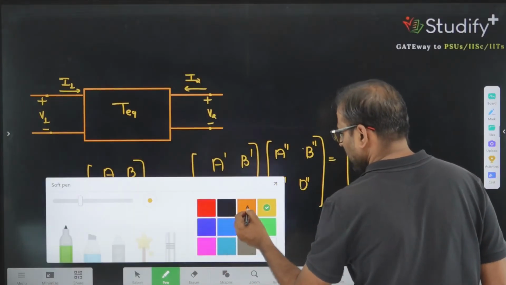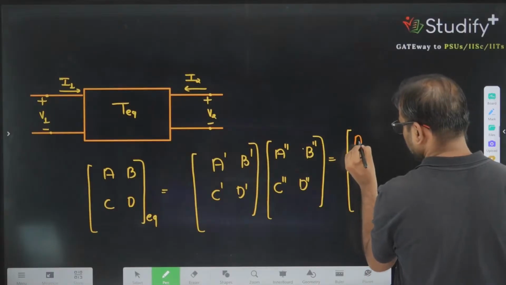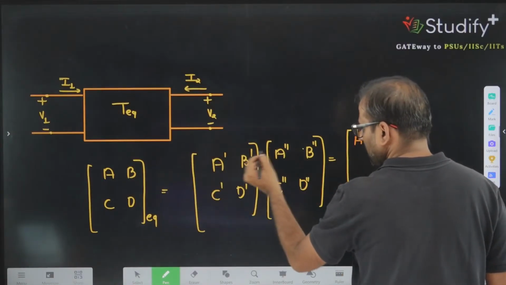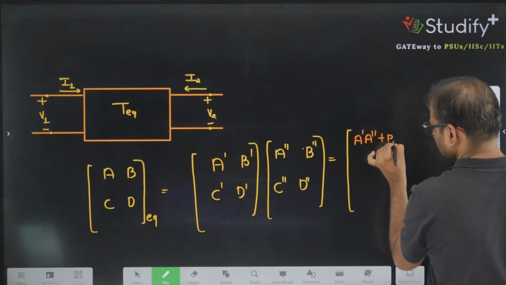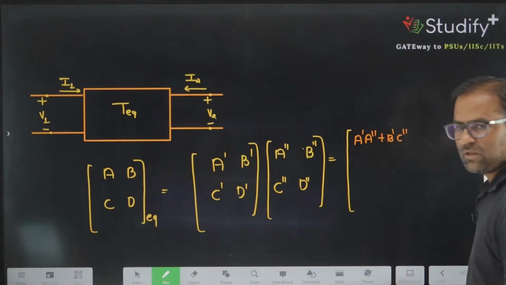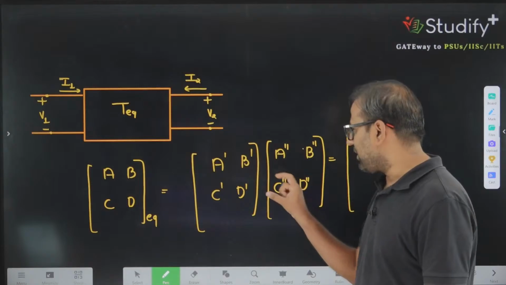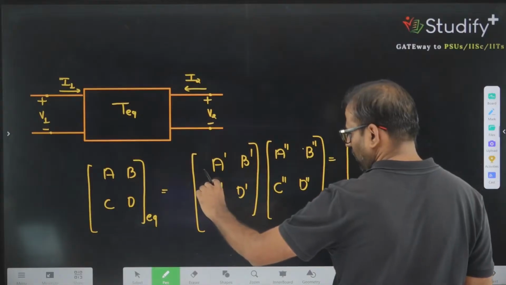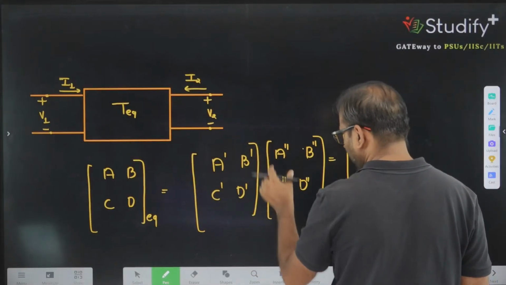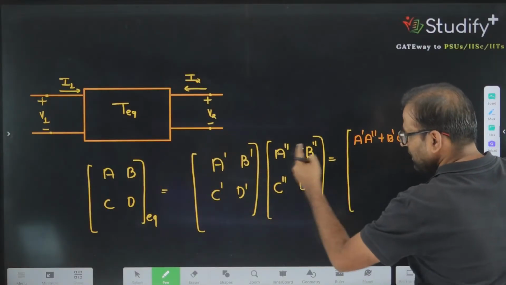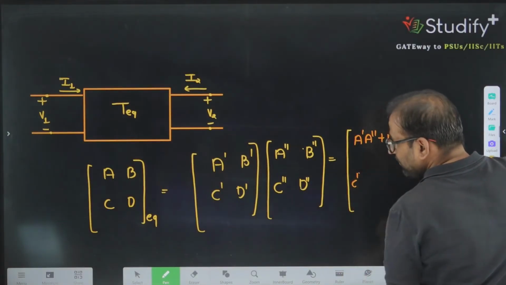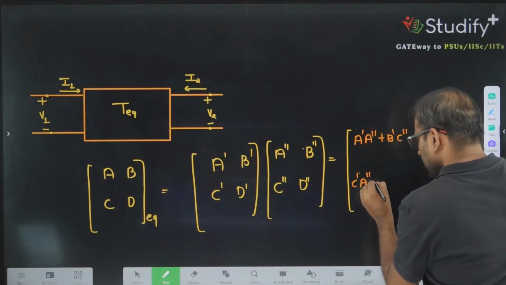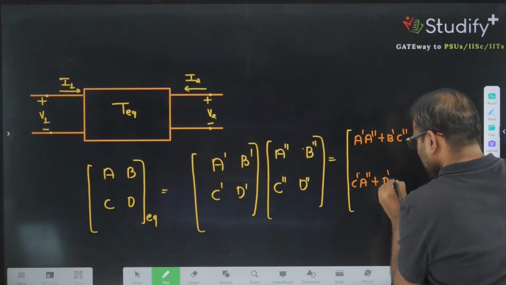Here we have A prime A double prime plus B prime C double prime. This is row 1 column 1. Now for row 2 column 1, what is the entry? C prime A double prime plus D prime C double prime.